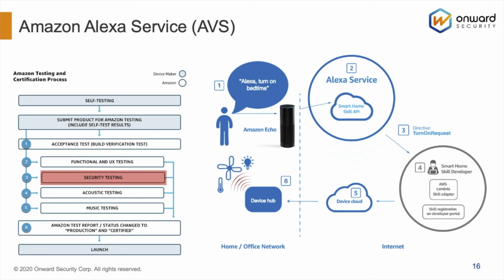Okay, and Amazon has a program called Alexa. Every device can connect to the Alexa service. You just say something to Alexa devices like Echo or any kind of Alexa-compatible device, and the Alexa service will try to do something for you.